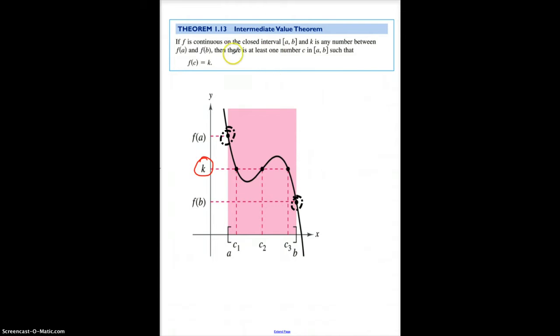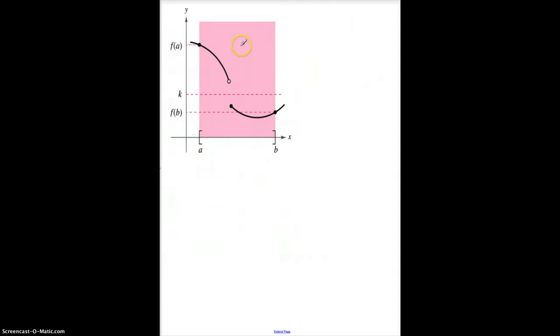Then there exists at least one number c, between a and b, such that the function f evaluated at c is equal to k. So this is an example of why this needs to be continuous.